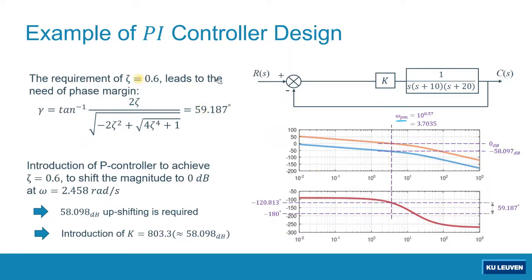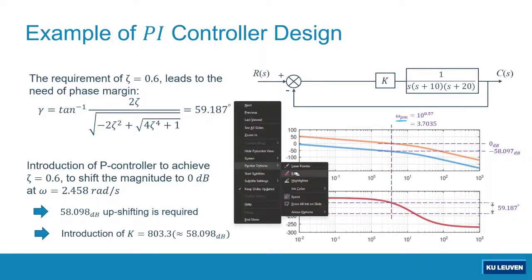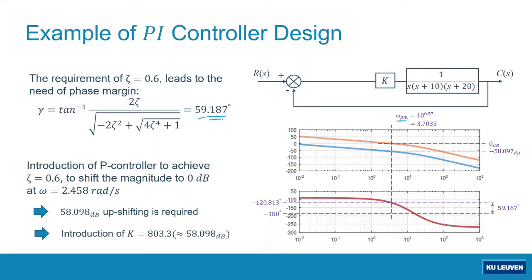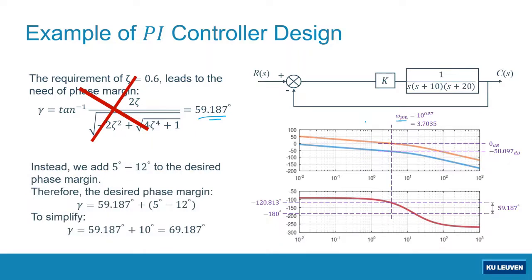When you design the gain of your PI controller, don't use this phase margin requirement, this 59.187, to dictate the phase margin frequency, but instead use a phase margin slightly more than the real phase margin requirement.